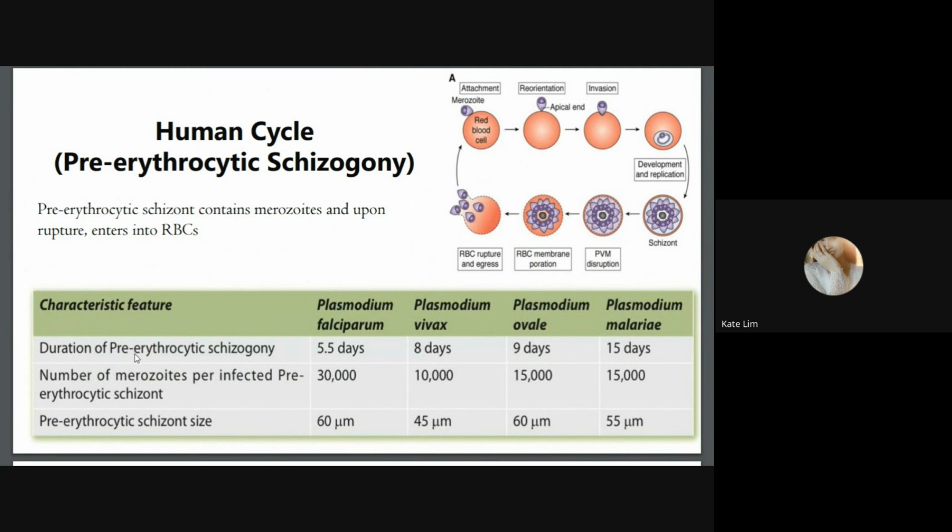So we have here some characteristic features of the duration of the pre-erythrocytic schizogony. But what I want you to focus on is this one, the number of merozoites per infected pre-erythrocytic schizont.